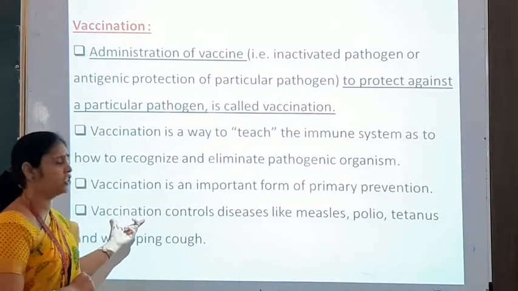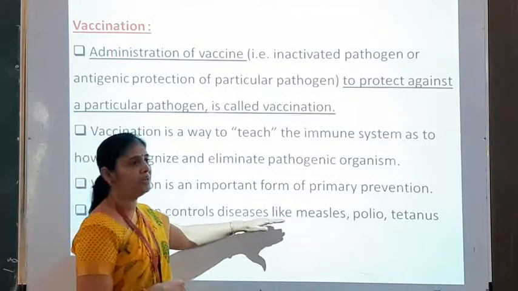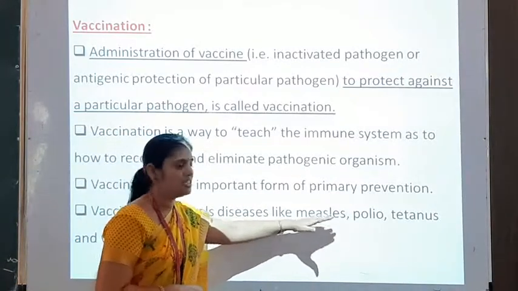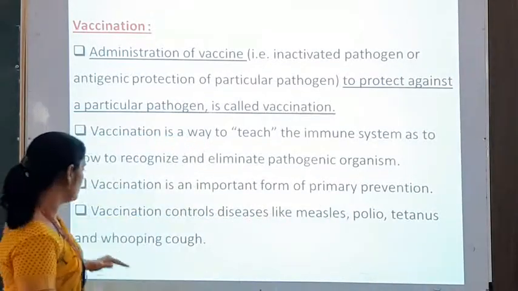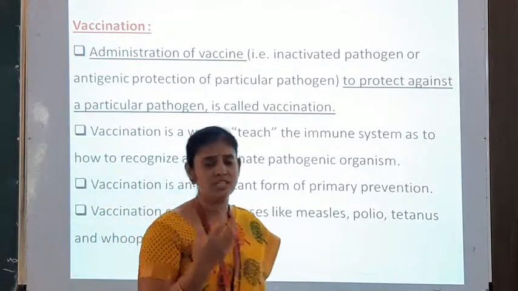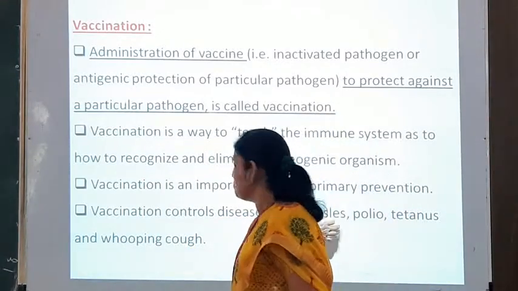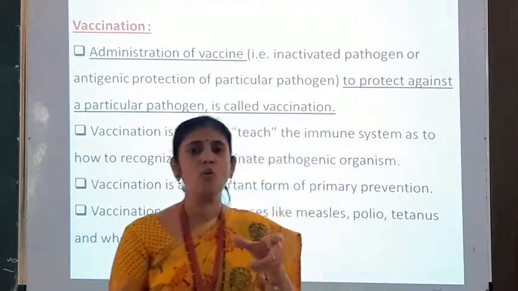And these vaccinations are nowadays controlling different types of diseases like measles, polio, tetanus and whooping cough. There are a number of pathogens and a number of diseases. Measles, वाऱ्यापुळे किंवा गोवर आपण त्याला म्हणतो.